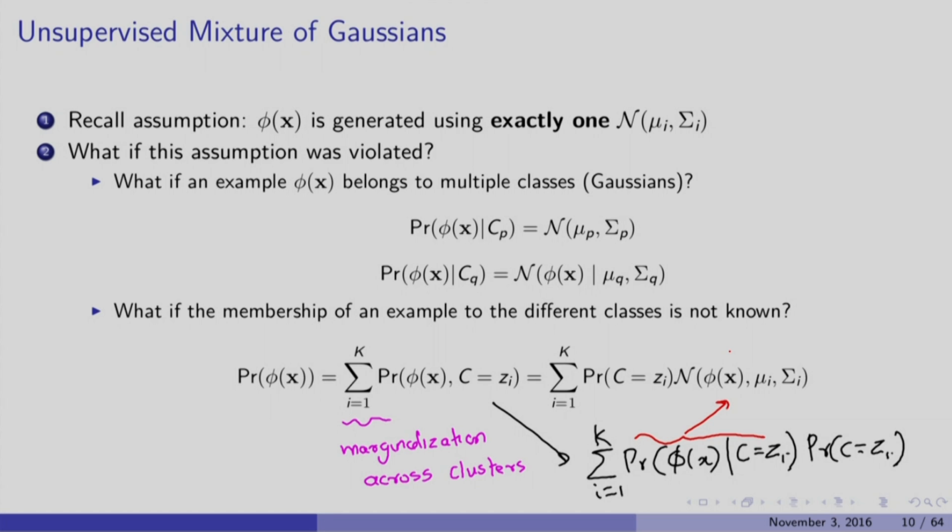The class priors, which continue to remain unknown and to be estimated, are now related to the coherence of points within a cluster. So the probability of a cluster is not predetermined just by the number of points belonging to that cluster.